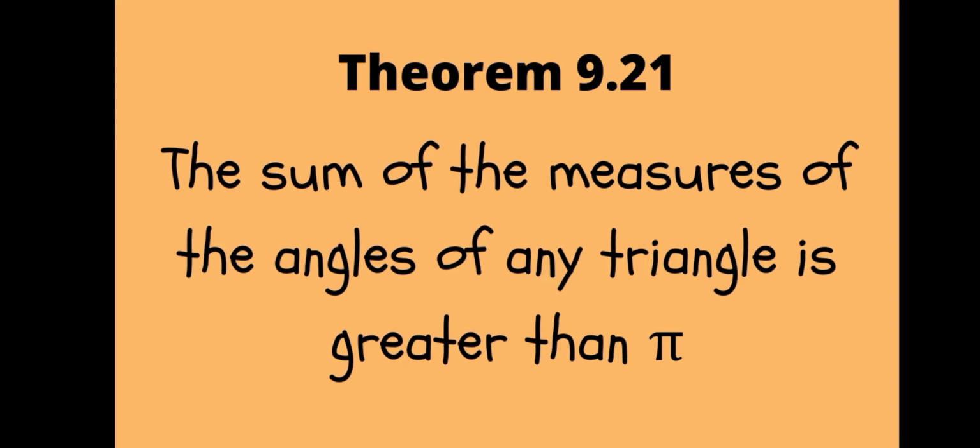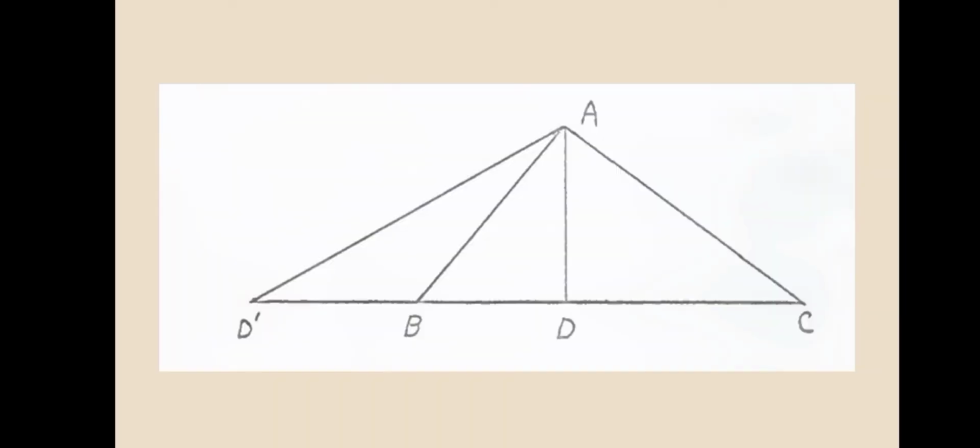Next, we have Theorem 9.21. The sum of the measures of the angles of any triangle is greater than pi. Let's have the figure. Let ABC be any triangle, and angle ABC and angle ACB be acute. From A, let's draw AD perpendicular to BC.